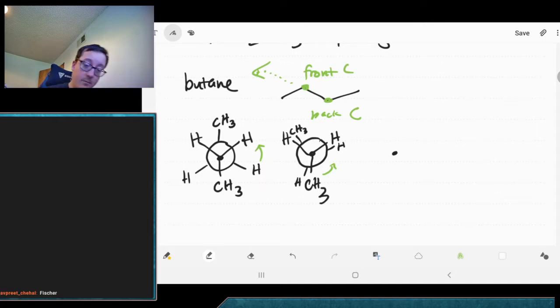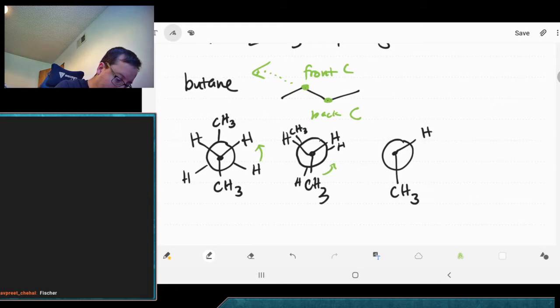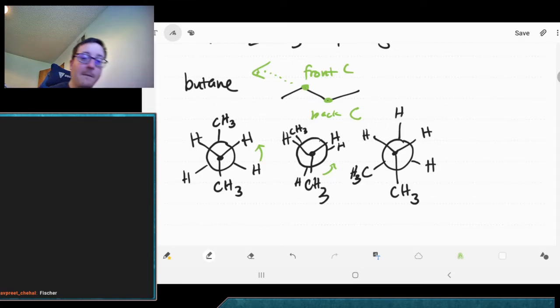So that's a type of eclipsing, right? Not so great. In this case, though, we have a giant back carbon. If we're looking at our next state, this one is not the same as the first state.